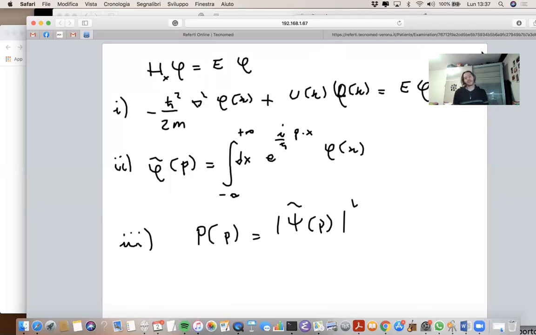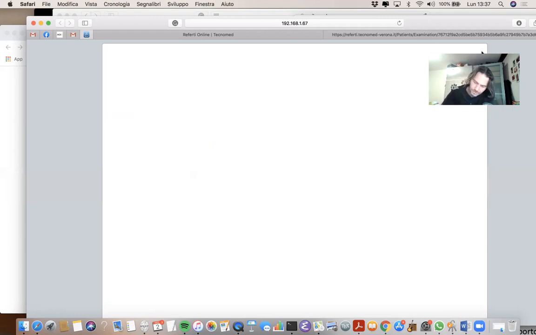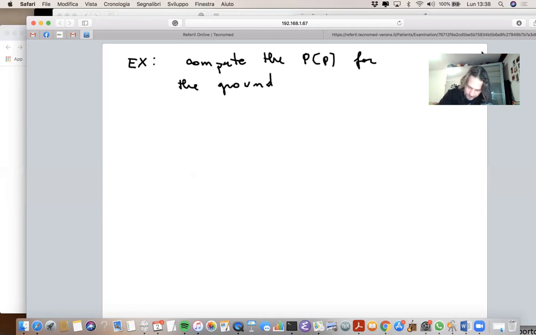Maybe I can say, okay, exercise. Compute the probability of finding a particle with momentum p for the ground state of the harmonic oscillator.